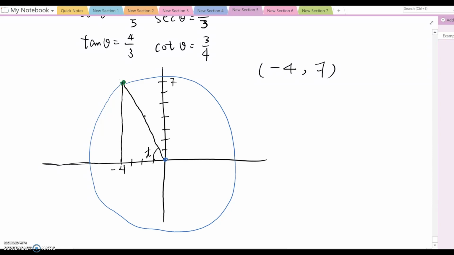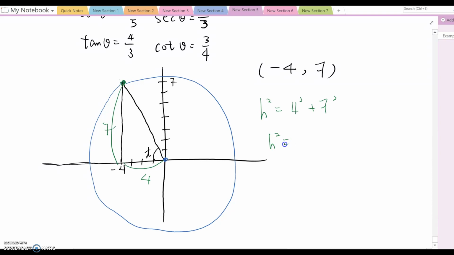But so far we don't know the hypotenuse. So you need to find that first using the Pythagorean theorem. So as you know, this length is 4, this length is 7. Okay, so h squared equals 4 squared plus 7 squared.